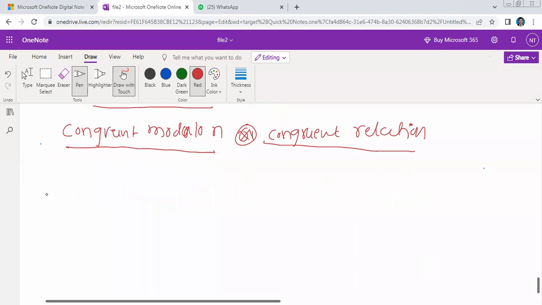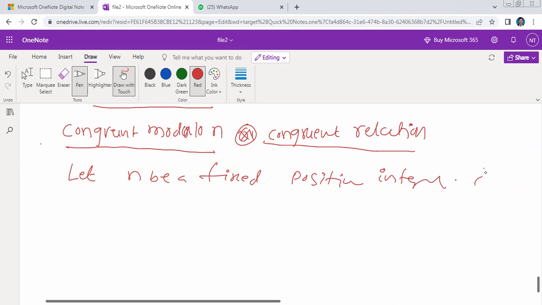Congruence modulo n, or congruence relation, means: let n be a fixed positive integer.